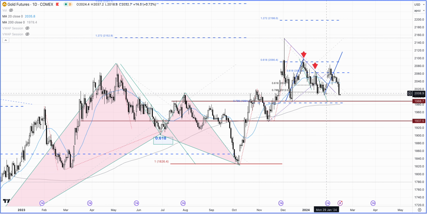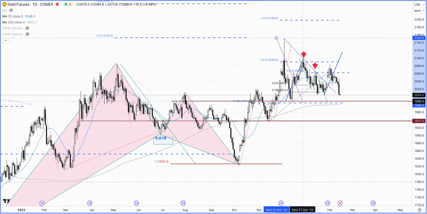What we had drawn as support, because we were looking for perhaps this market could rally a little bit higher up to about the 2115 level, but it looks like it's going back right to 1988, and possibly even coming down to around 1938, this level as well, because it could be a bigger ABCD, like this.